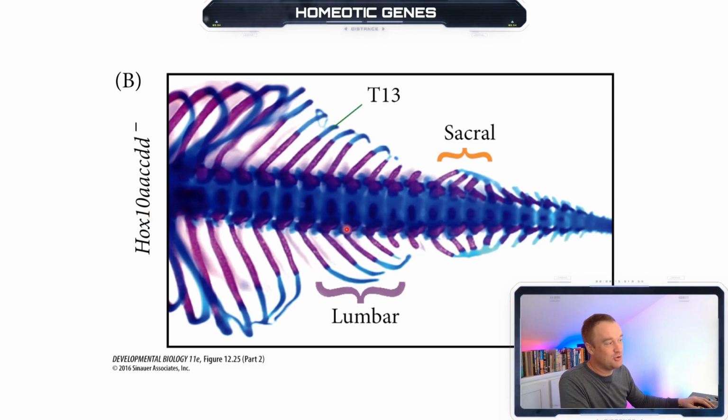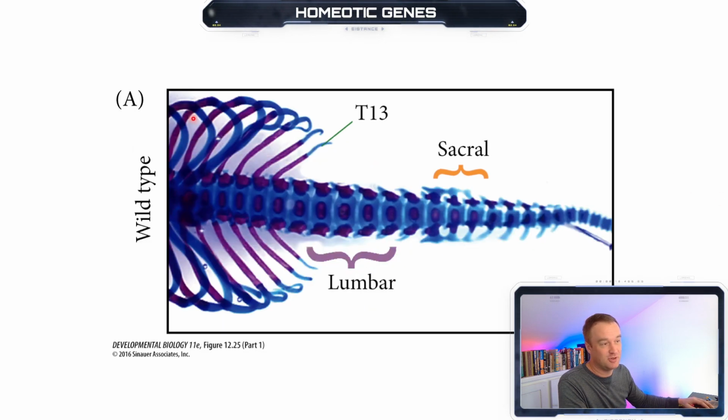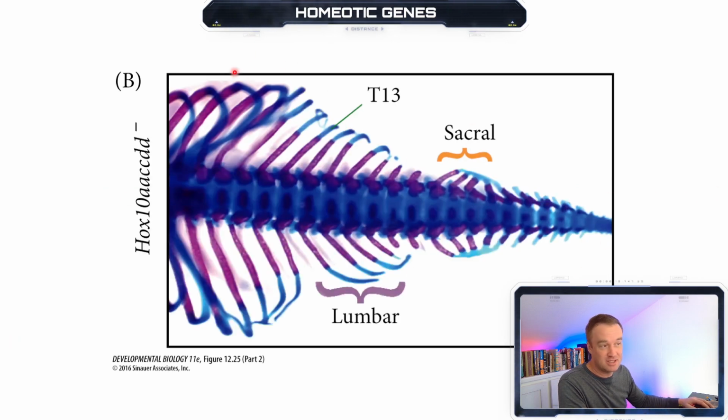You then turn what the lumbar vertebrae were into thoracic vertebrae. So they develop ribs, right? Before, remember, these are what the lumbar vertebrae looked like. But if you knock out all the copies and paralogs of the Hox10 genes, then that positional information is changed, and you no longer have lumbar here. You have thoracic vertebrae.